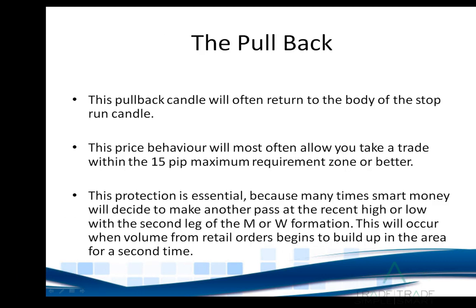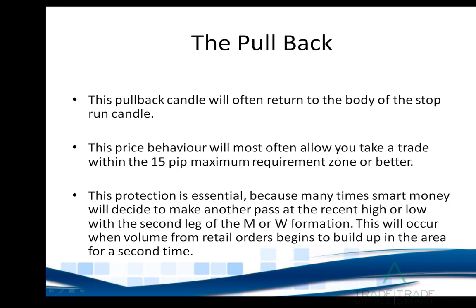So once we see the pullback candle occur, it's very often that it will return to the body of the stop run candle. And this is a good guideline for those of you who have trouble in determining how far the pullback will be and when to pull the trigger and enter the trade.